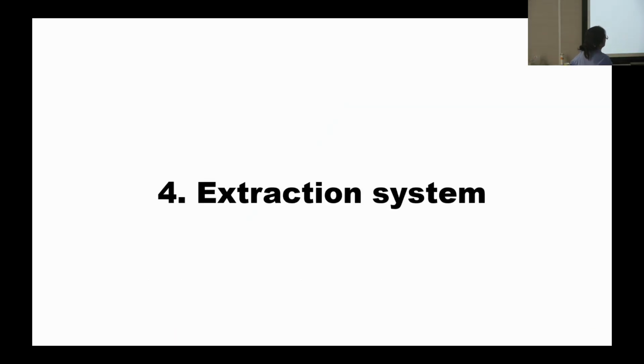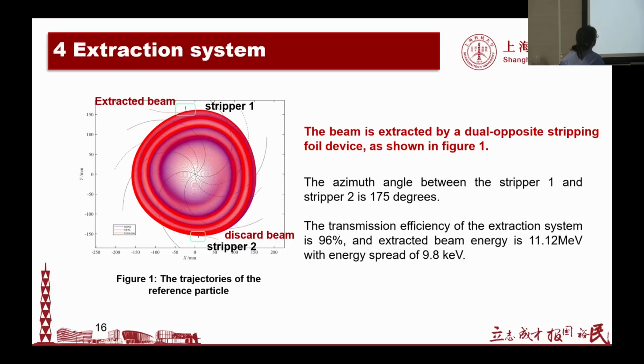The next part is the extraction system. The beam is extracted by a dual opposite stripping foil device, as shown in figure 1. There are stripper 1 and stripper 2. The H- will lose 2 electrons in the stripping foil.